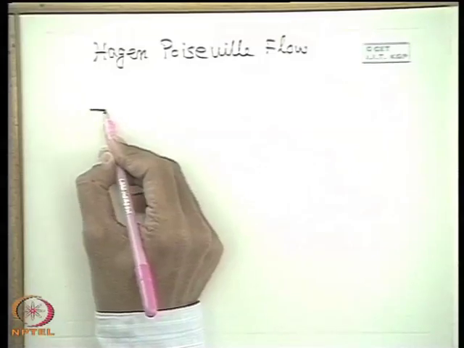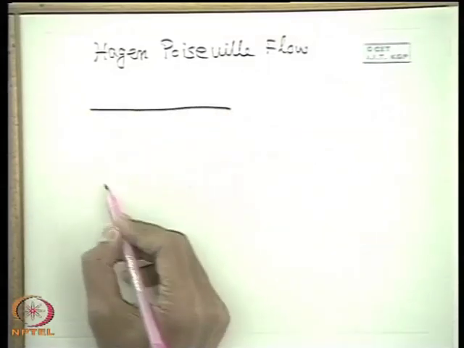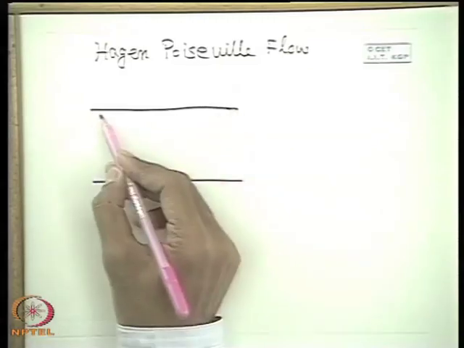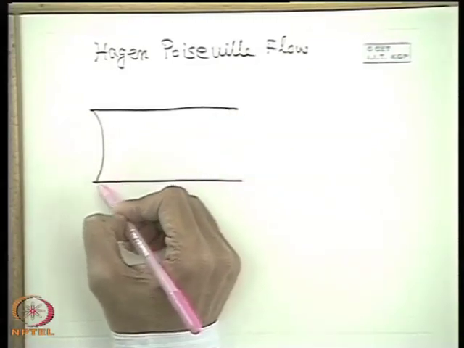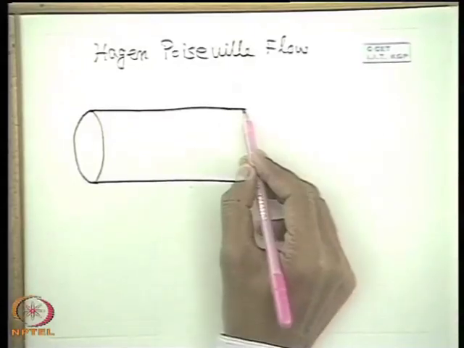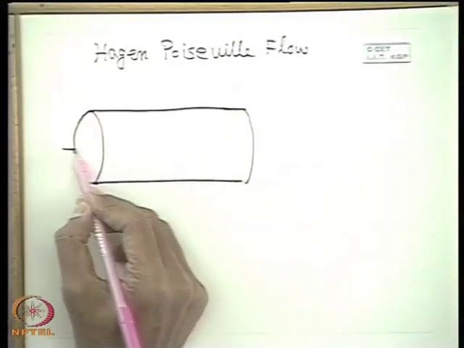This designates the flow through a tube, a circular tube, a tube of circular cross section. So, this is the flow, and this is the axis.